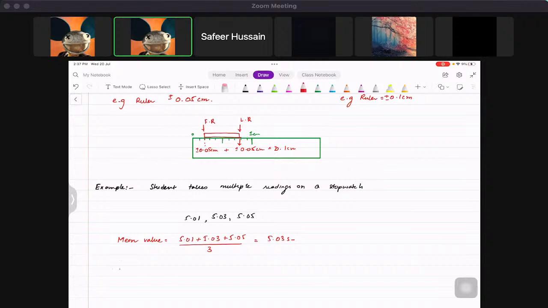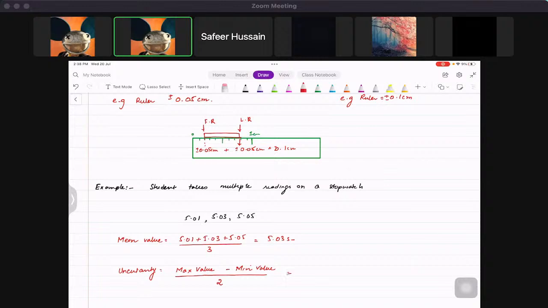Now to find the uncertainty in your readings, basically the formula is you take the max value, the biggest one, you subtract the minimum value, and then you divide it by 2.